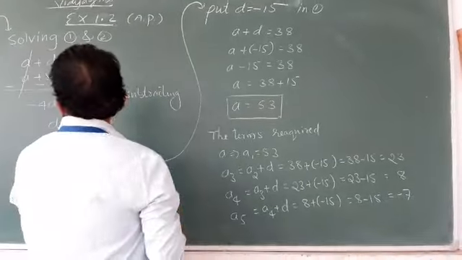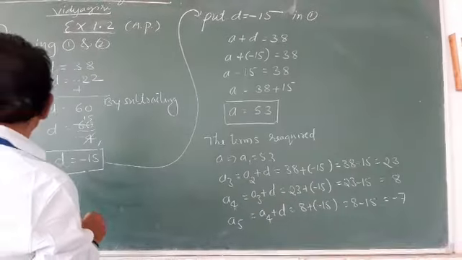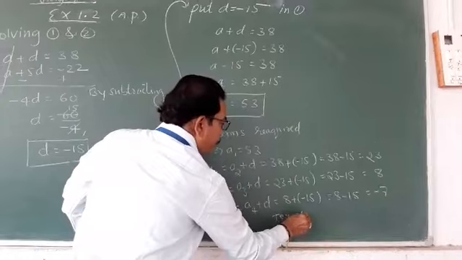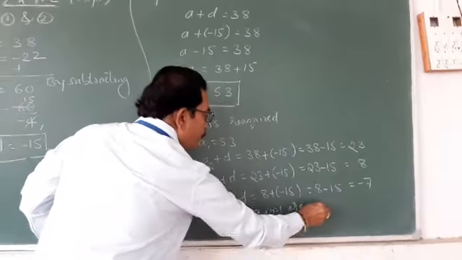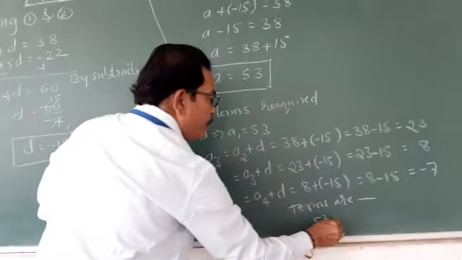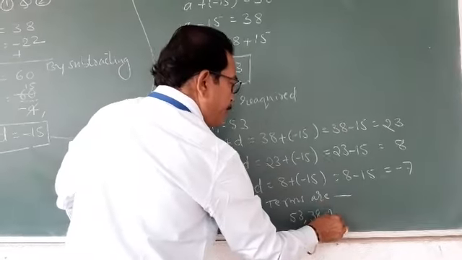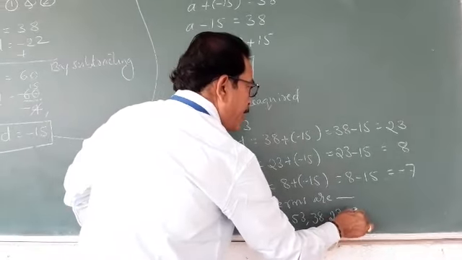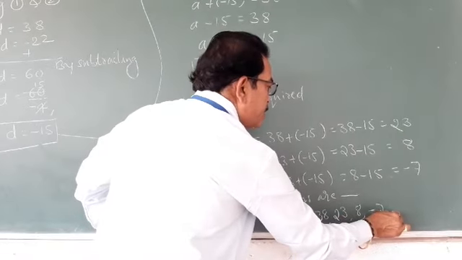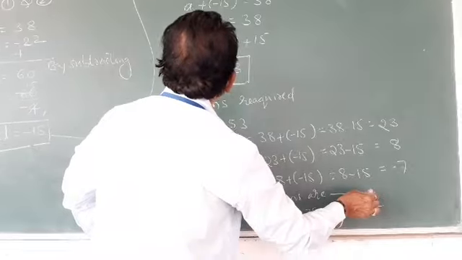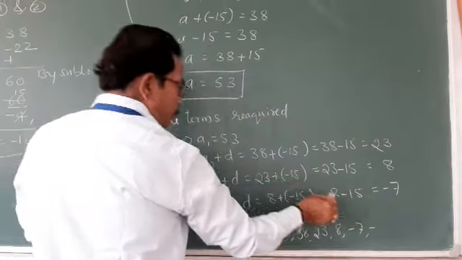The terms of the AP are 53, 38, then 23, then 8, then minus 7, then the last one, minus 22.